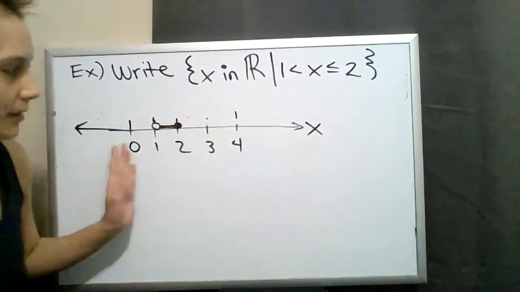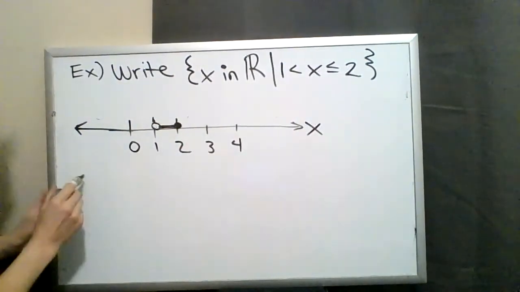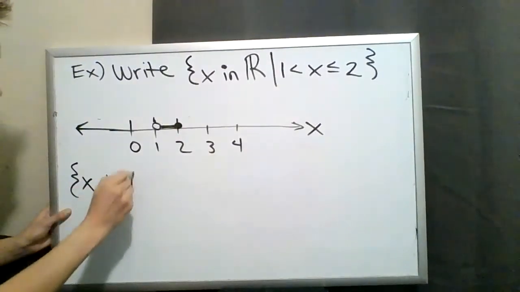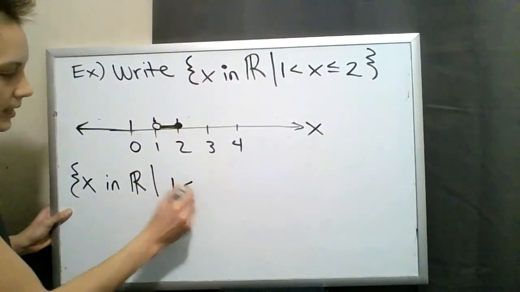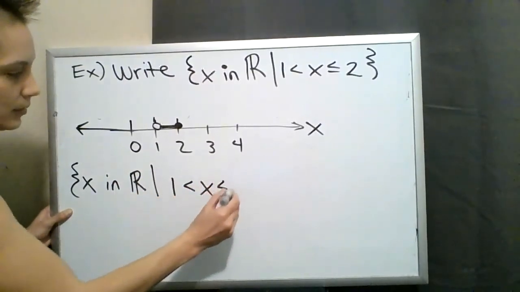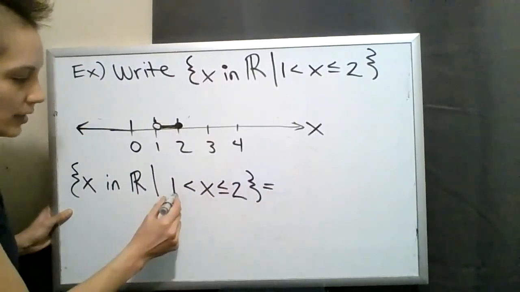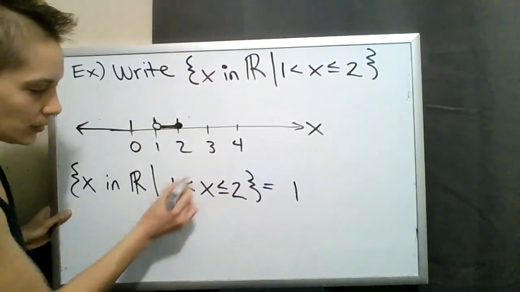So we have a graph, but we want to write the set in interval notation. For the set of x in R such that 1 is less than x, which is less than or equal to 2, it is the set that starts at 1, your smaller number. It does not include 1.